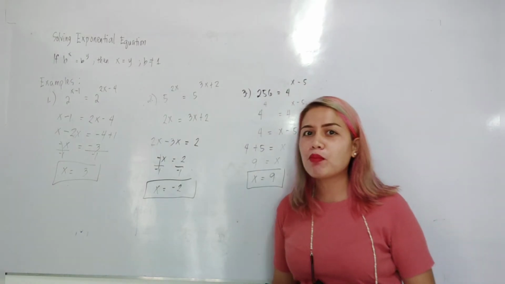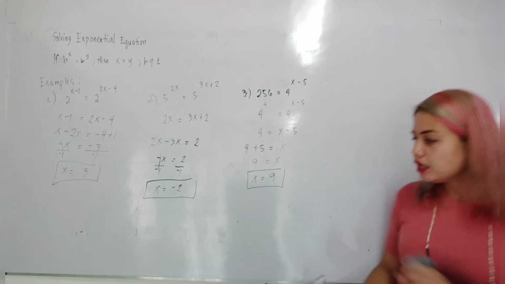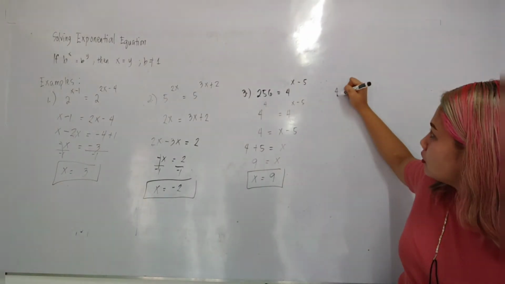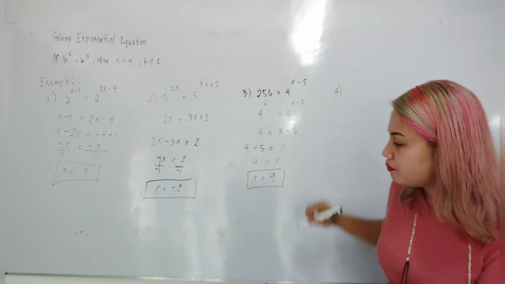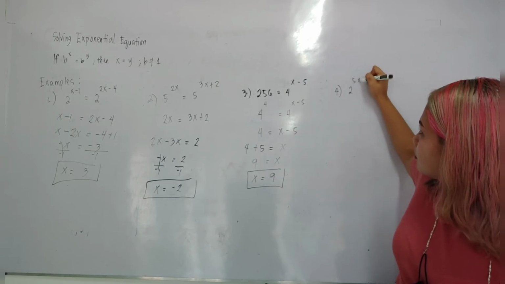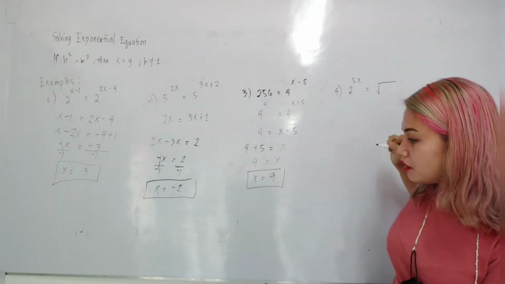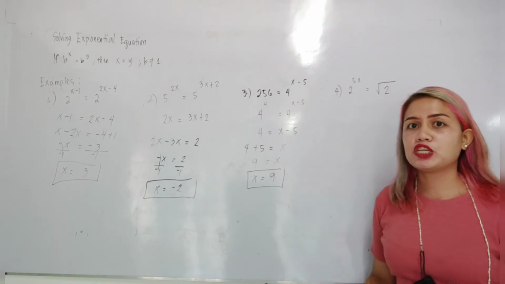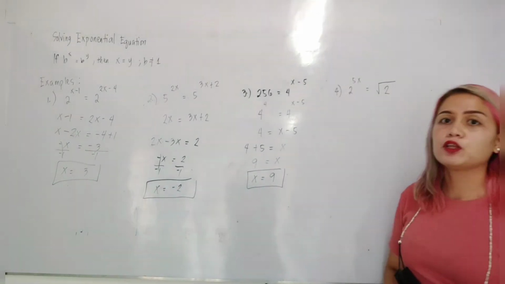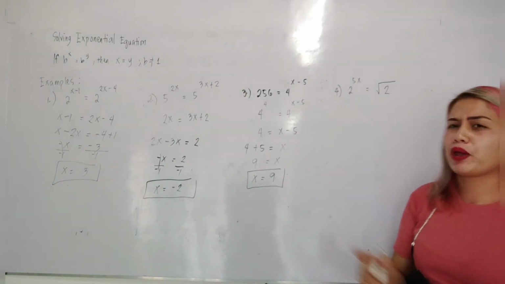Okay, let's have one more example. How about if you're given this exponential equation: 2 to the power of 5x is equal to the square root of 2.